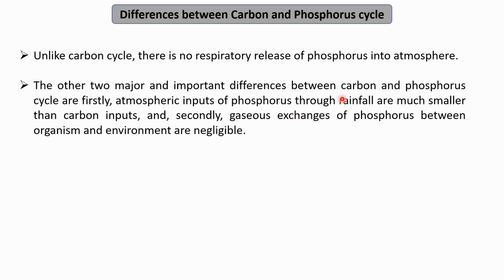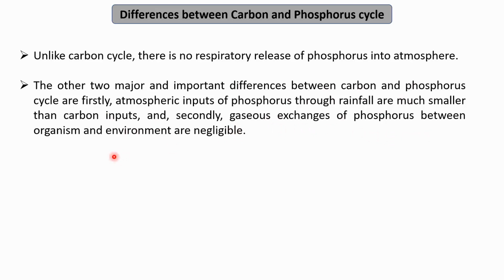The other two major and important differences between these two cycles are, firstly, the atmospheric input of phosphorus through rainfall is much smaller than carbon inputs. And secondly, gaseous exchange of phosphorus between the organism and environment is almost negligible.